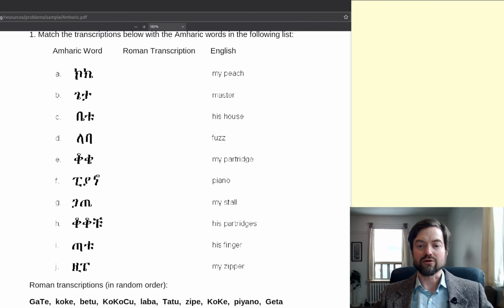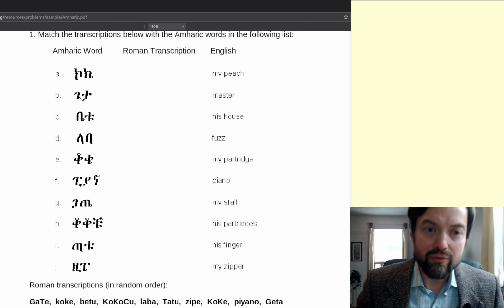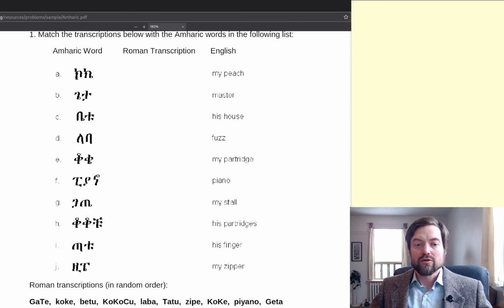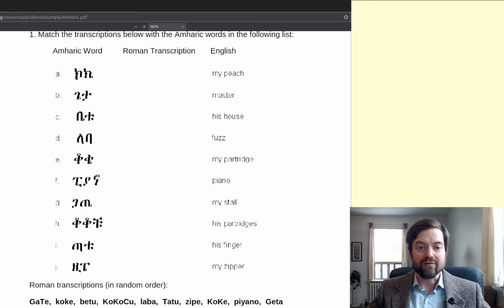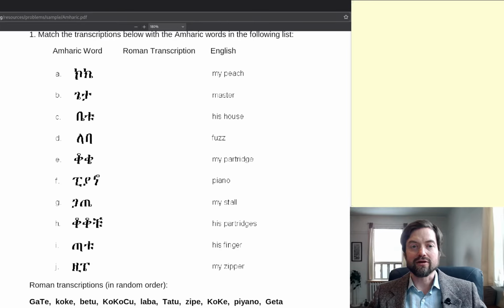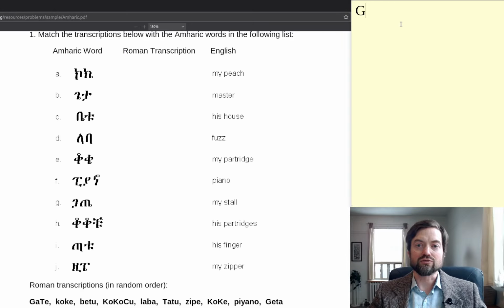We need to match. Okay, so how do we approach this? Well, we can see we have 10 transcriptions, and they need to line up to each of the words here. So yeah, I think I would start by just writing each of these transcriptions out.